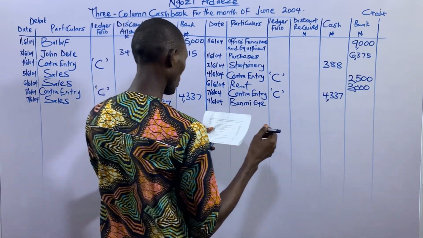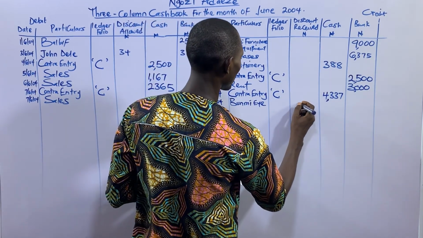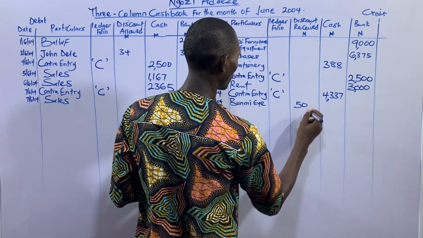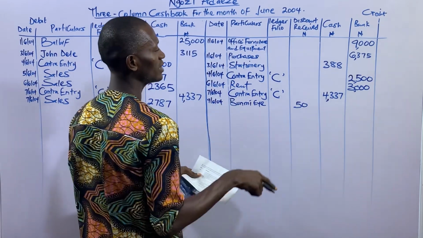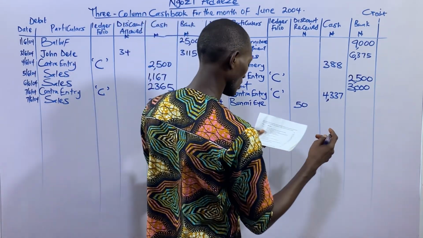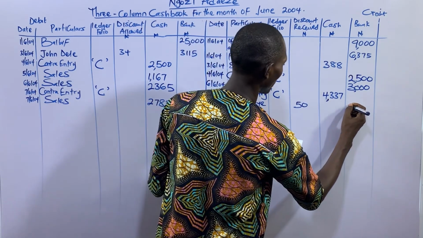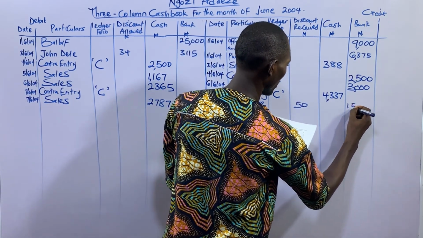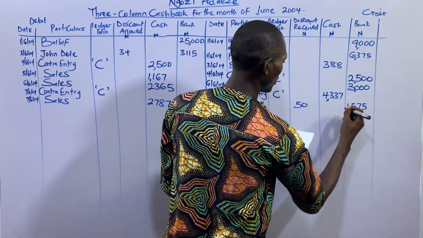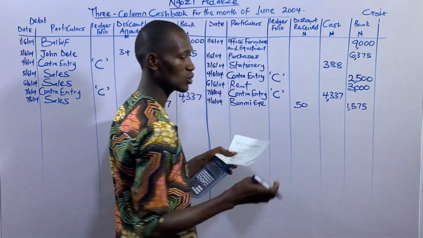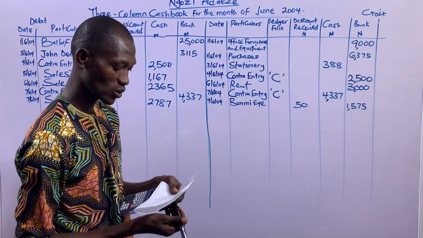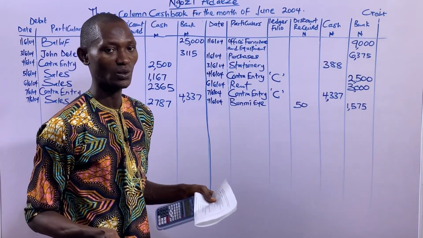Then the discount is 50, as discount 50. Then the amount she actually paid Bumi, which we're told is by check, that's 1,575. So if you add these two together, you're going to have 1,625. That's what we have.